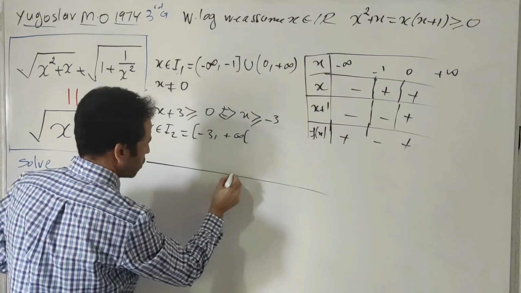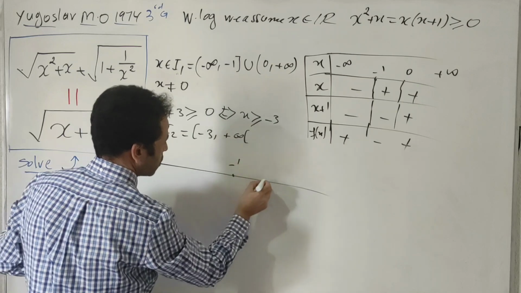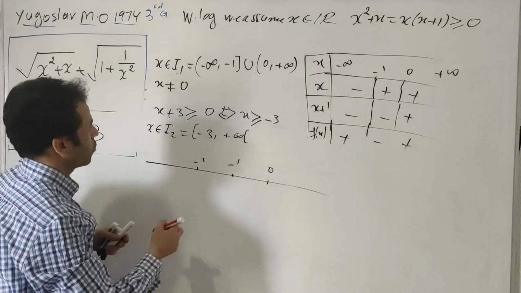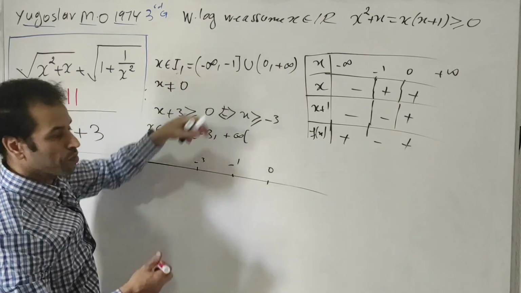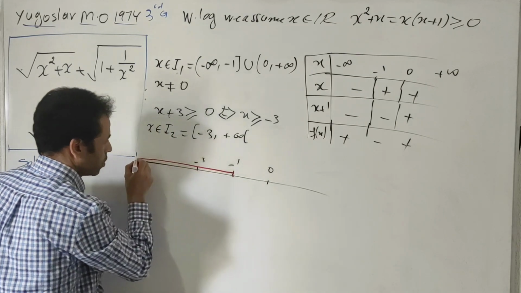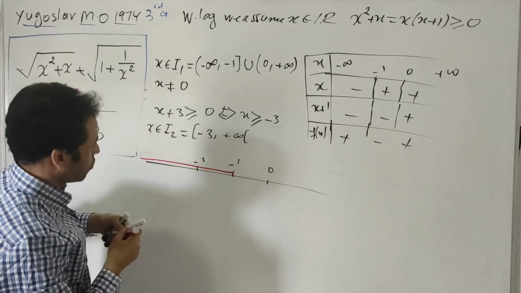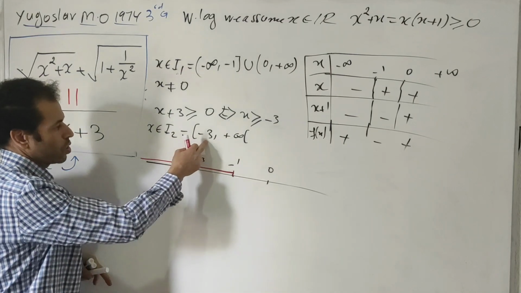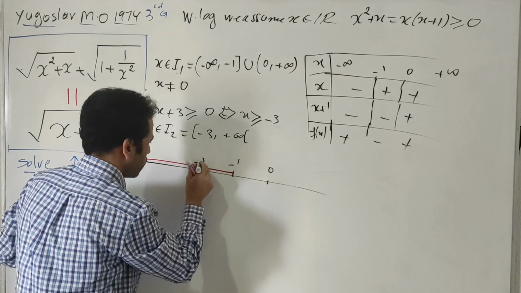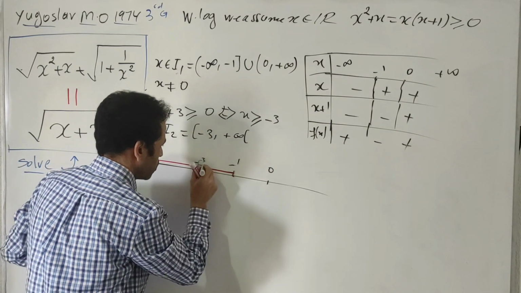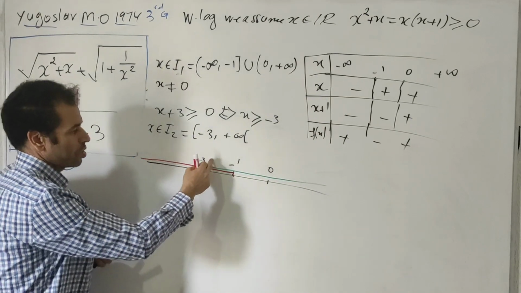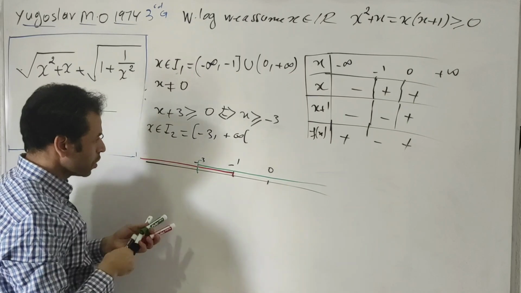So let's take the point minus 1, put 0 here, and put minus 3 here. For the first interval I1, I have from minus infinity to minus 1. I'm looking for the intersection with the interval from minus 3 to plus infinity. Where we have the intersection, we have from minus 3 to infinity, with 0 not included.